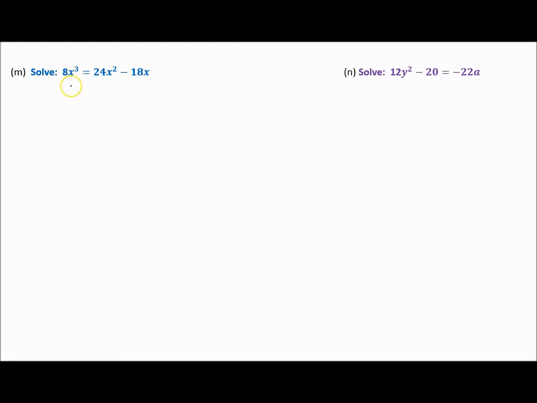Notice my highest exponent, x to the third, is already a positive in front of that 8, so I'm going to leave this on the left, and I'm going to add 24x squared on both sides, and I'm going to add 18x on both sides. Okay? Remember, the equal stays where it is.